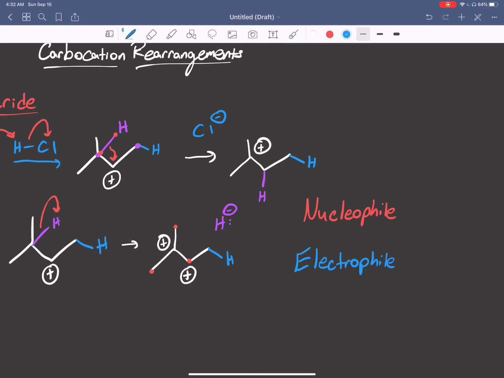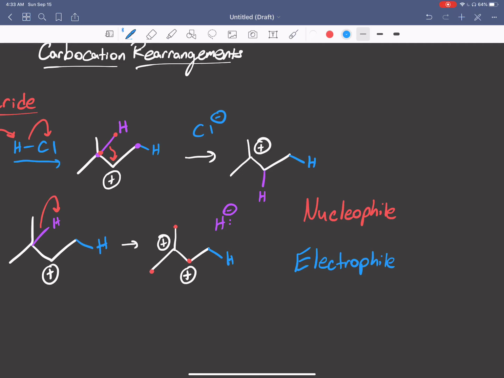So in this case, we know our chlorine with the minus charge in the end will attack our carbocation. So it is a nucleophile. The electrophile is what's being attacked. Electrophiles are usually deficient in electrons. Nucleophiles usually are rich in electrons. Okay, so from now on, I'm going to be trying to use these vocabulary words, so you guys should get used to them, and you'll be hearing them a lot more in lecture from now on.